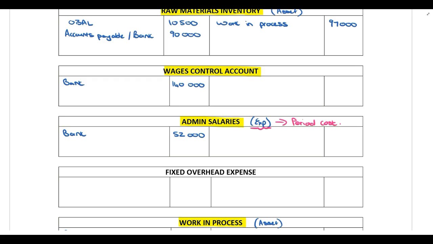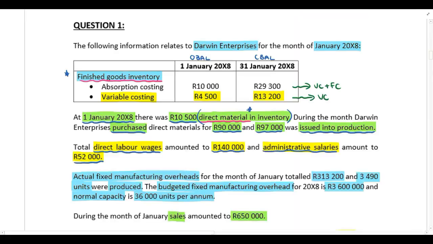On the other hand, direct labor is a production or a manufacturing related cost. And please note also, in this part of the required, we are specifically looking at variable costing. With variable costing, we can only include variable production costs in the cost of inventory. All of our fixed production costs will be expensed in the period incurred.